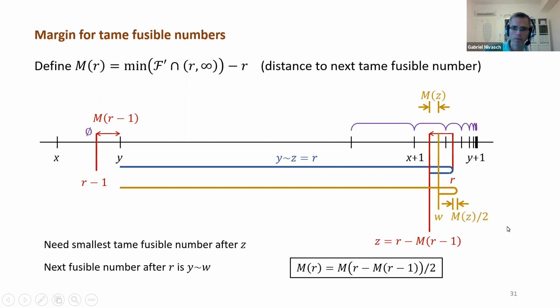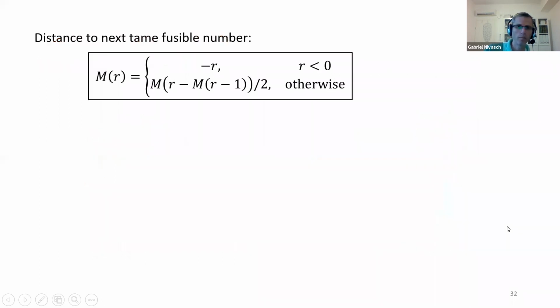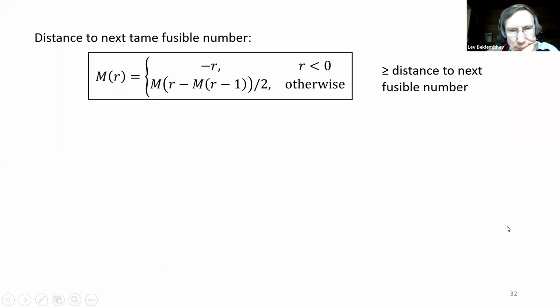So you get this recursion: M of R equals M of R minus M of R minus 1 divided by 2, which should sound familiar to you. So now you know what the mysterious recursive algorithm does. It computes the distance to the next tame fusible number, which is at least the distance to the next fusible number, not necessarily tame.